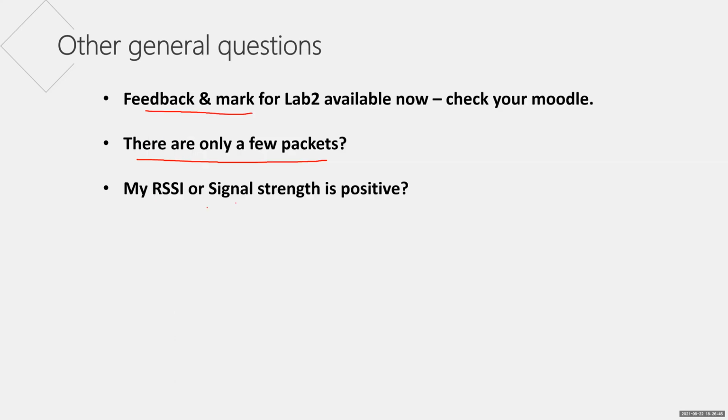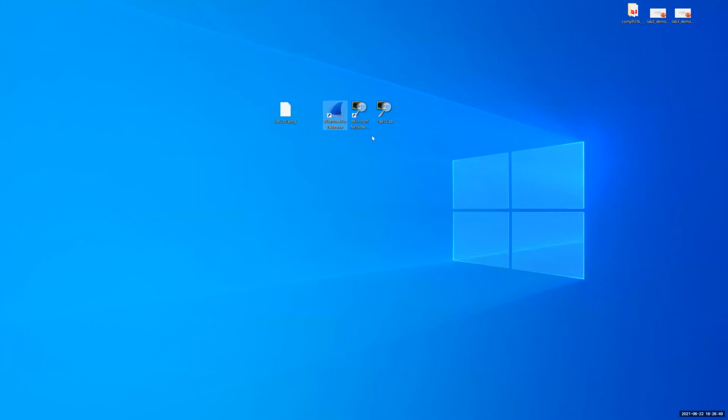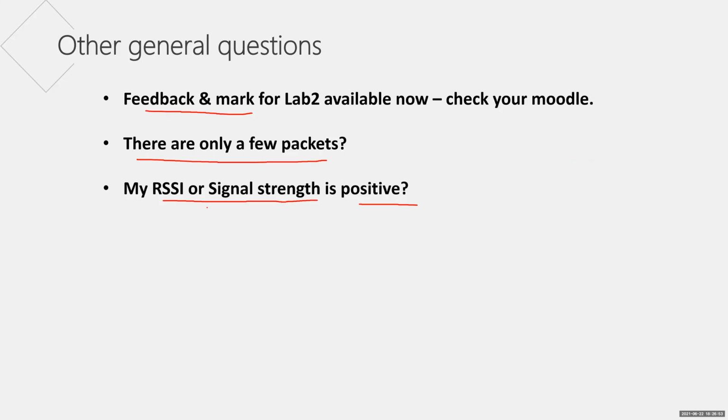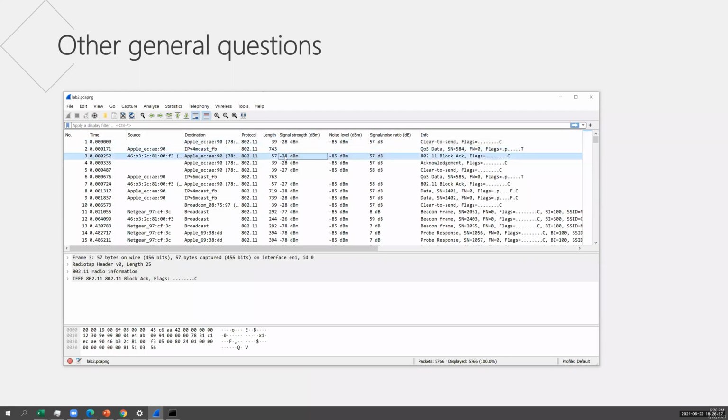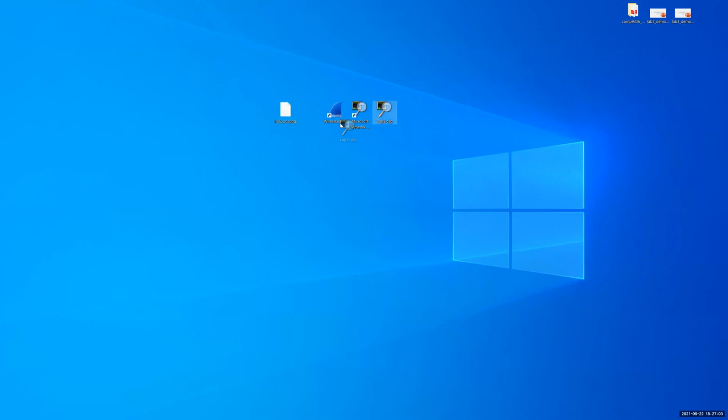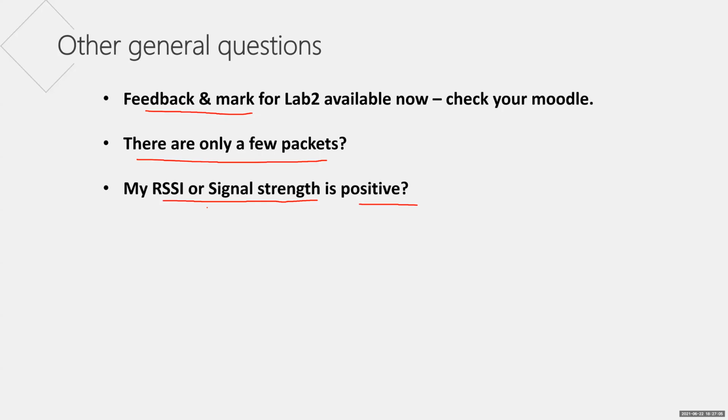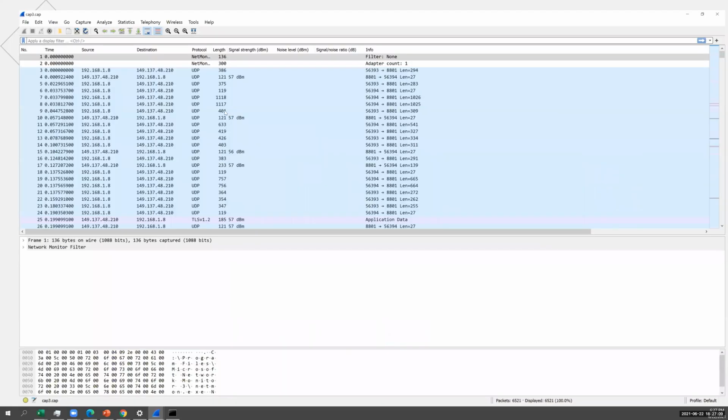And the RSSI or signal strength is positive, like this one. We can have a look at the signal strength. The signal strength is normally a negative value, but sometimes we may find the signal strength in a positive value like this.